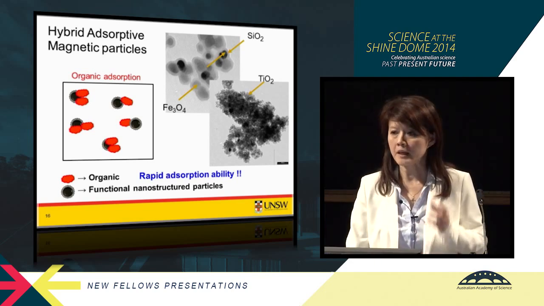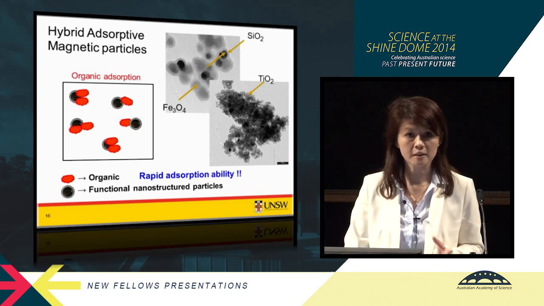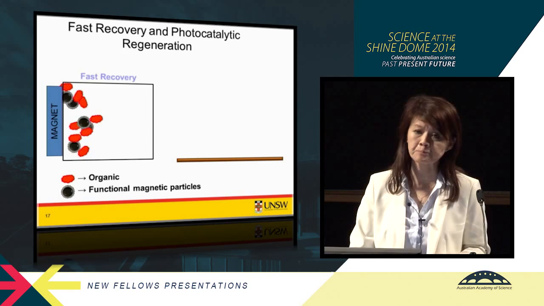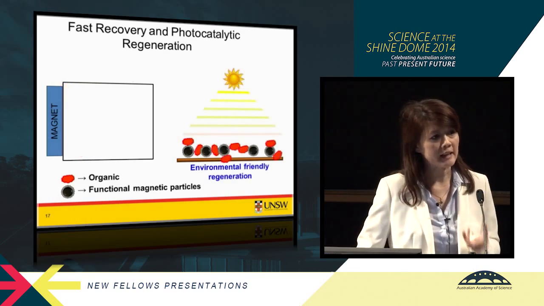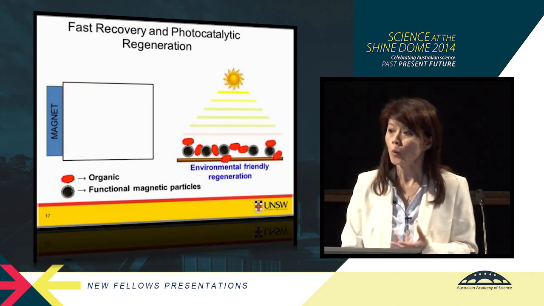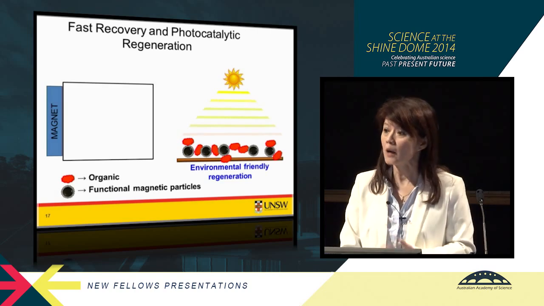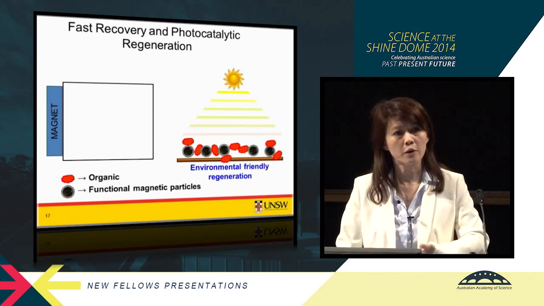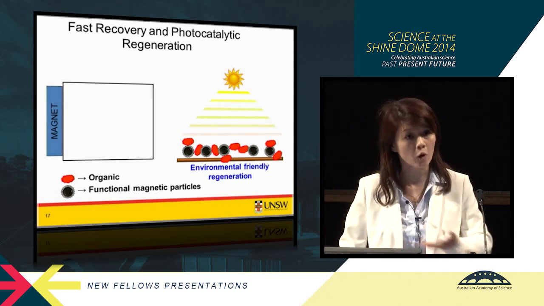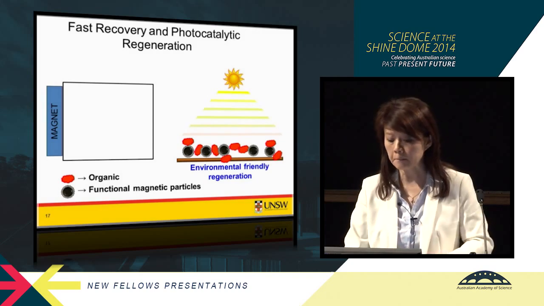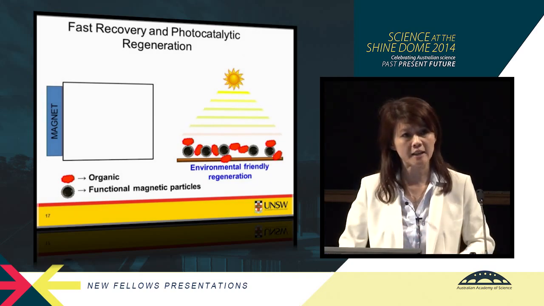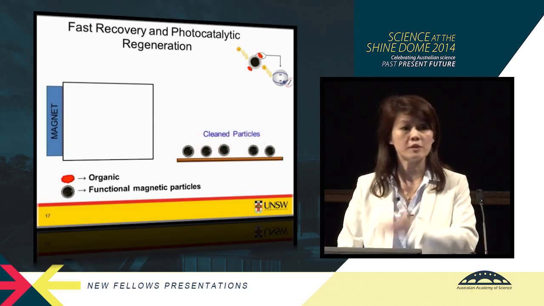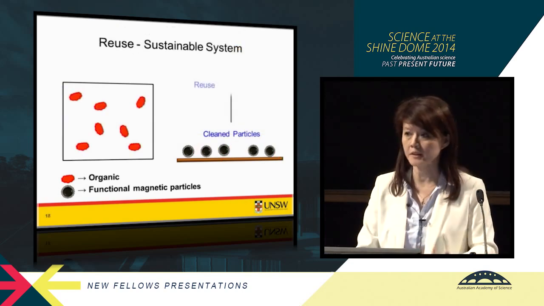And after that, because of the magnetic properties of the particles, we can recover the photocatalyst particles very quickly. And because of the photocatalytic abilities of these materials, we can regenerate them using sunlight. We do not have the limitation that we need to do it very quickly, because you can just put the catalyst out and sunbathe it for a longer period of time to completely degrade the organic that's attached onto the surface of these particles. And then after that, you can recycle and reuse it in the process again.